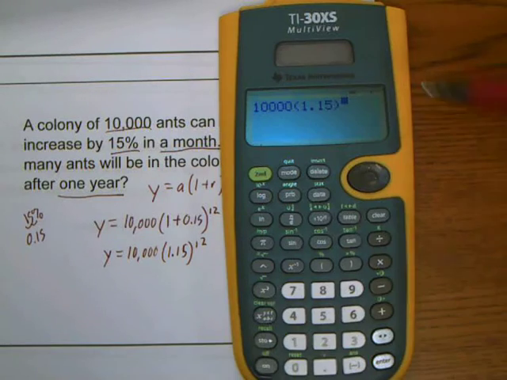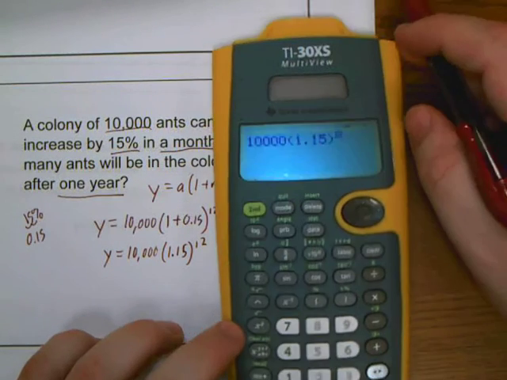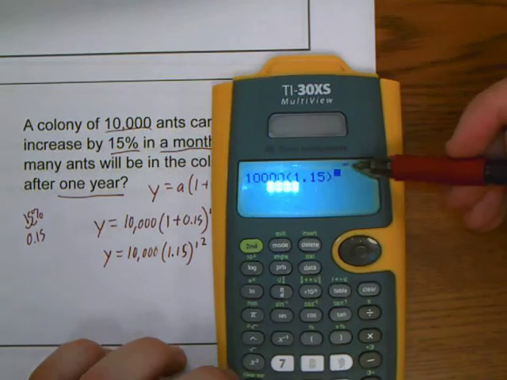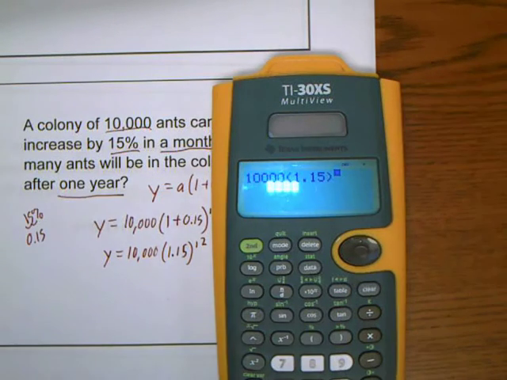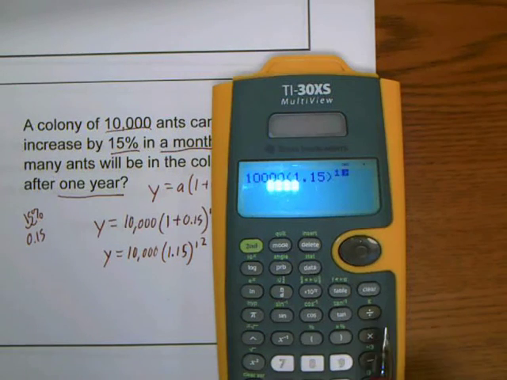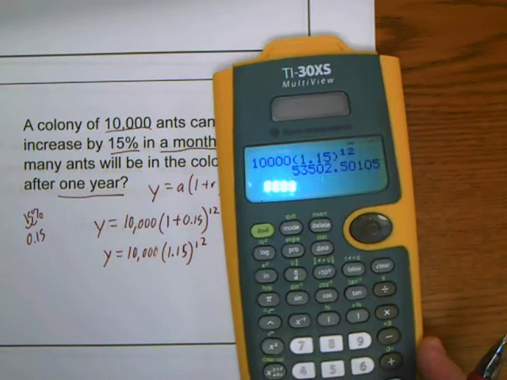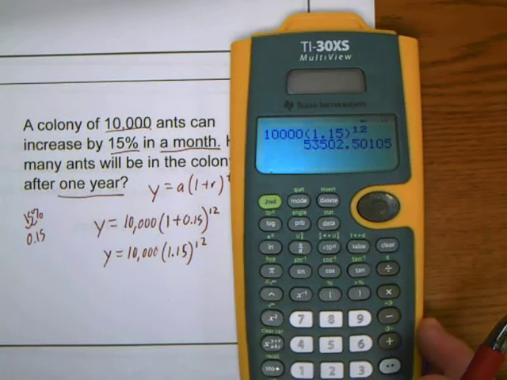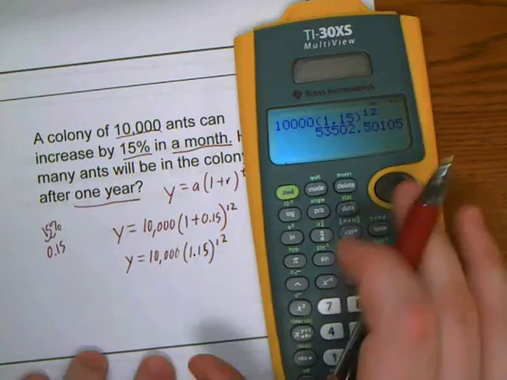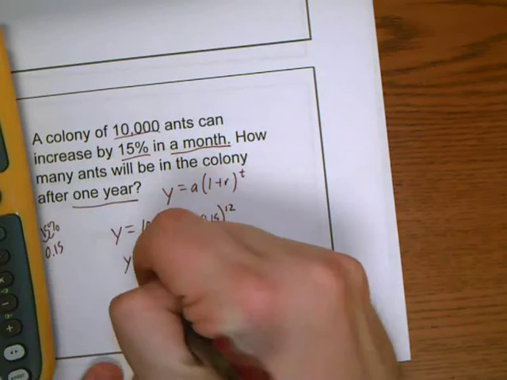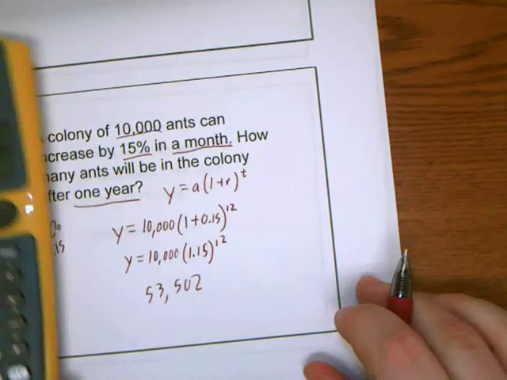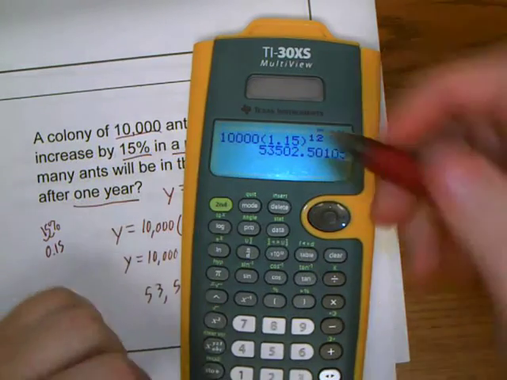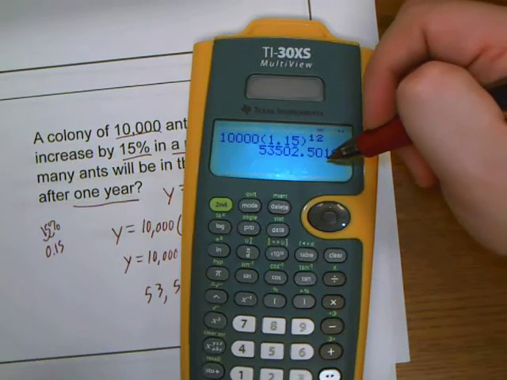Raised, remember we hit that caret, and for the yellow calculators it's going to make it go up into the little box. If you have the blue calculator, then you'll just keep typing. And our exponent in this case is 12. So we're going to hit enter. And you're going to see that that is 53,502 point something.